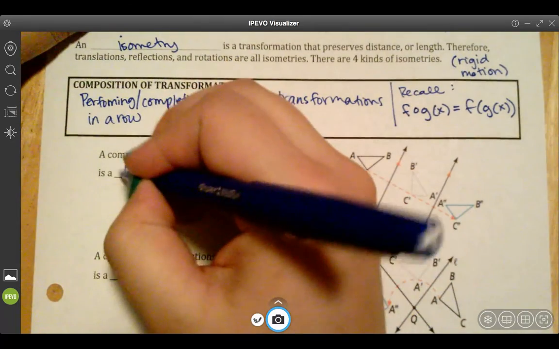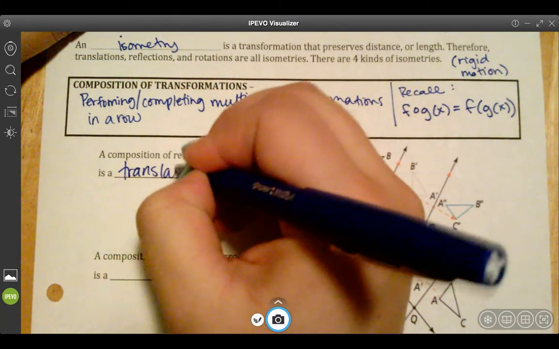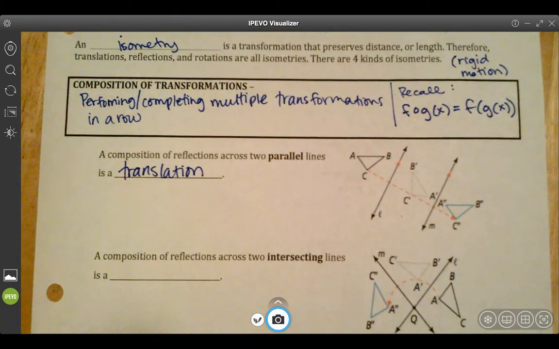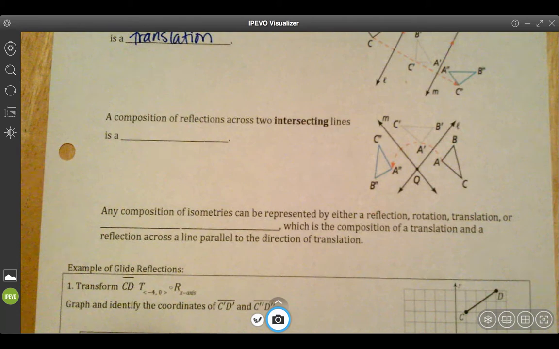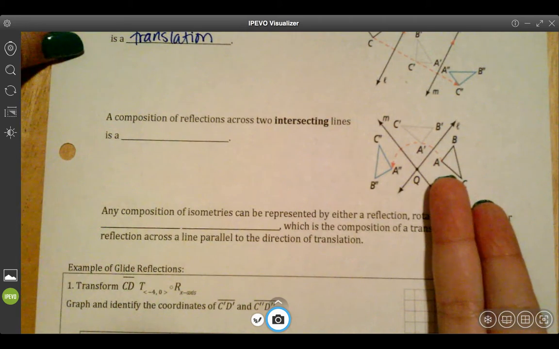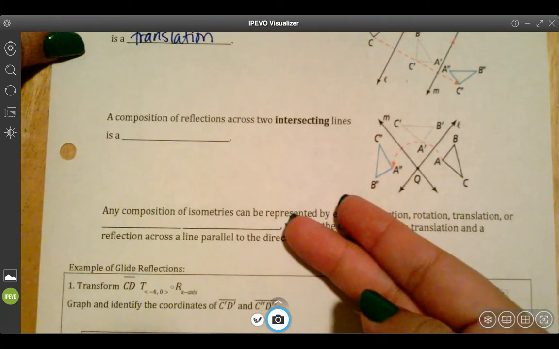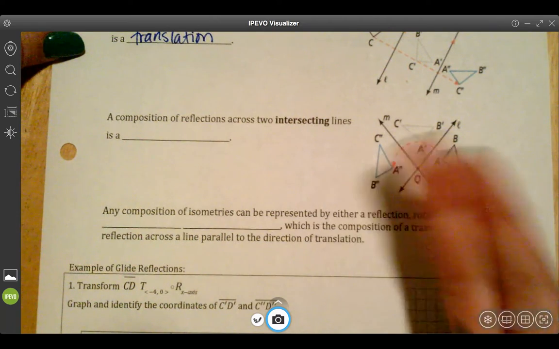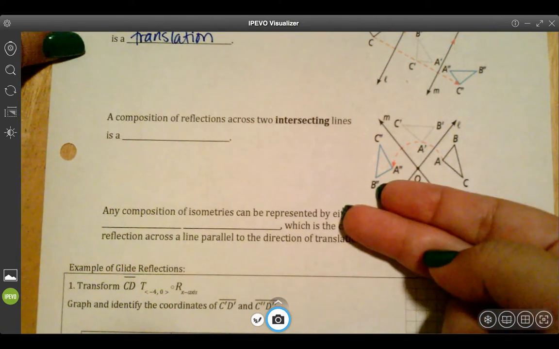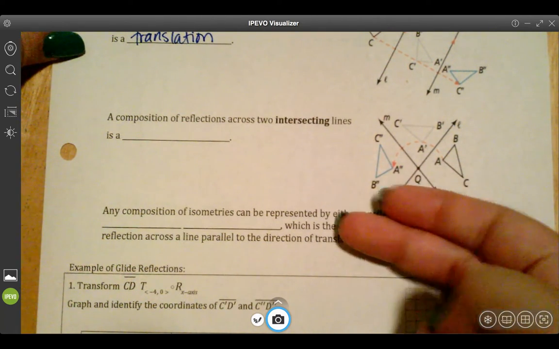This is a translation. So two reflections across parallel lines ends up giving you a translation. What if those lines are not parallel? Then we would have a composition of reflections across intersecting lines. If I take a triangle, reflect it over here, then reflect it over here, well, it wasn't just sliding, right, because it turned. And so that is a rotation.